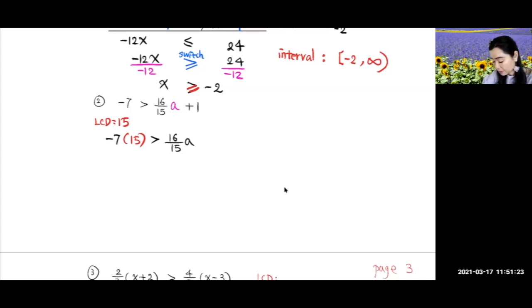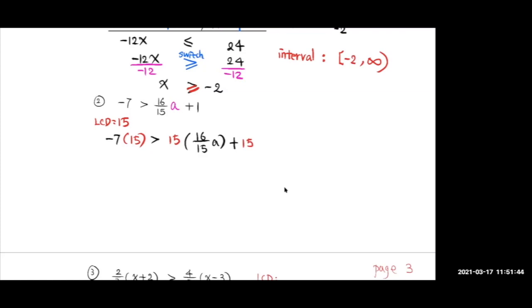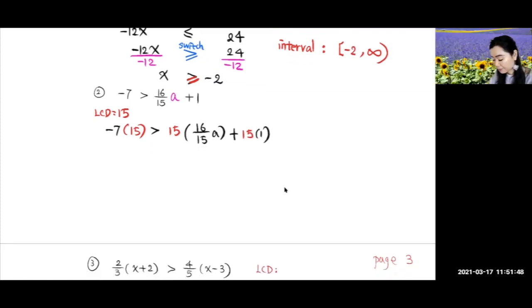Only when you multiply by a negative do you switch. So over here, I got negative 105.